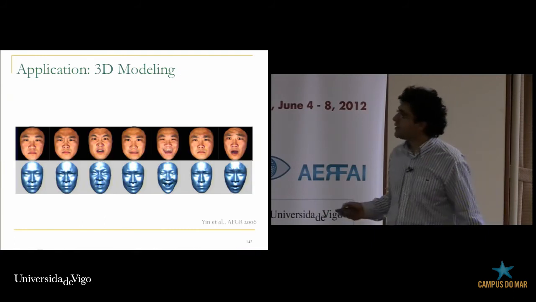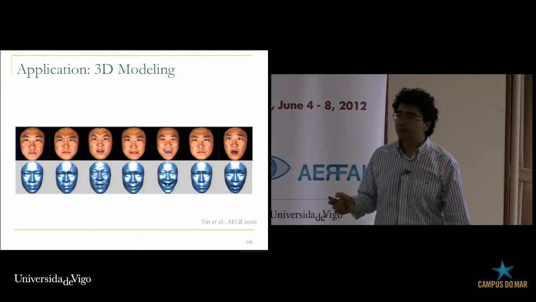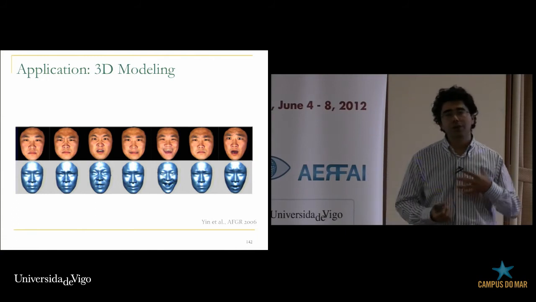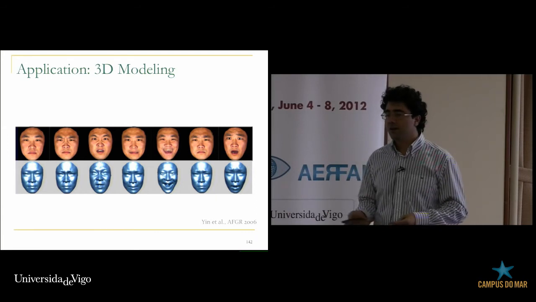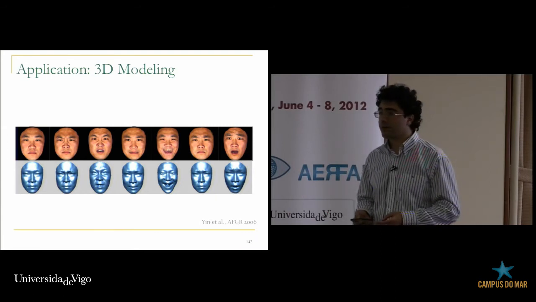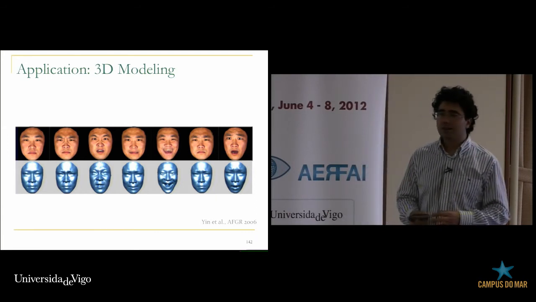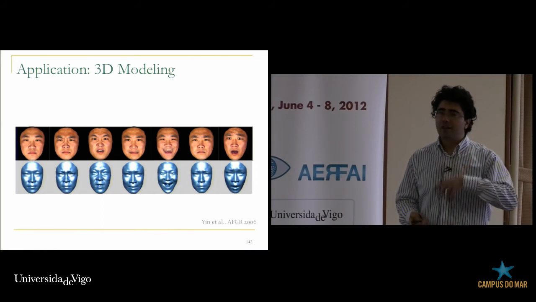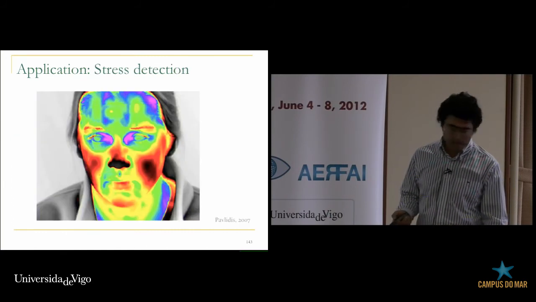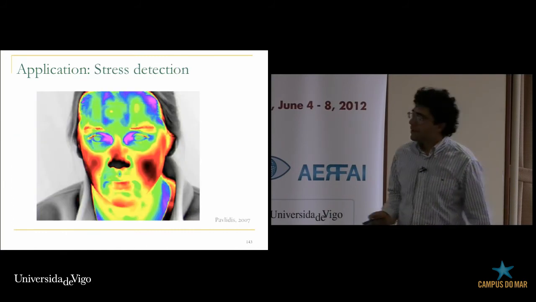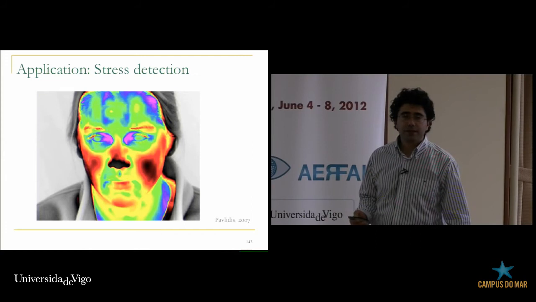Another application is 3D modeling. If you can detect my facial expressions, you can translate it into my avatar, which is in Second Life, let's say, or in World of Warcraft. So in the gaming sector, this kind of analysis, then synthesis, has a lot of applications. We're not limited to 2D and 3D modalities.